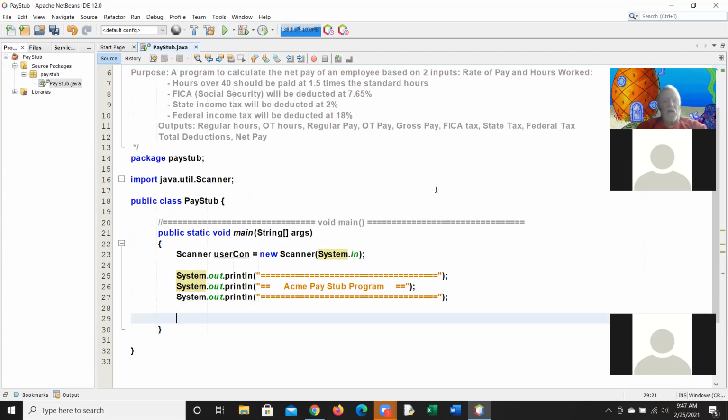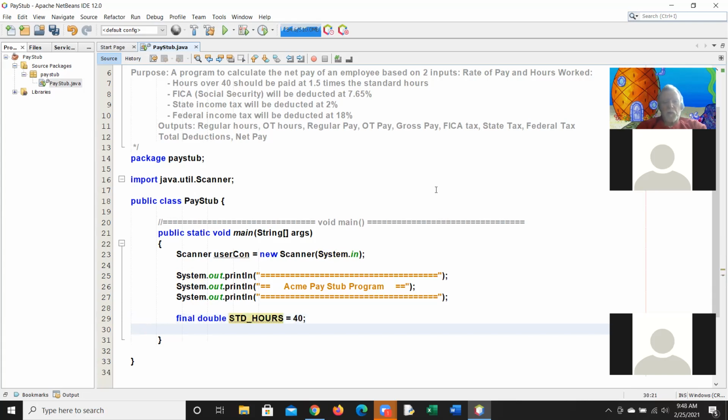Something that is not going to change, like the FICA deduction, which is like 7.65. So, state income tax, federal income tax. Yep. And even more than that, I'm going to say final double standard hours. And standard hours is going to be equal to 40.